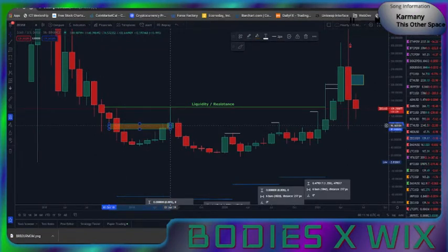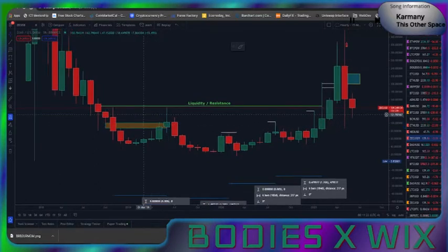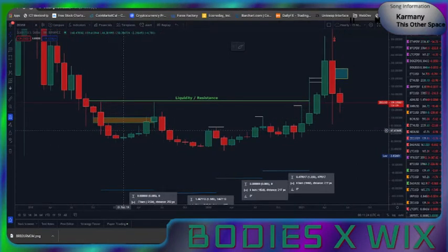But what fair value gaps do, and how they serve importance, is they're like a magnetic force. Once one is created, it will eventually pull back to it, and as soon as it hits it, it'll bounce back out, and then eventually it'll cross it.